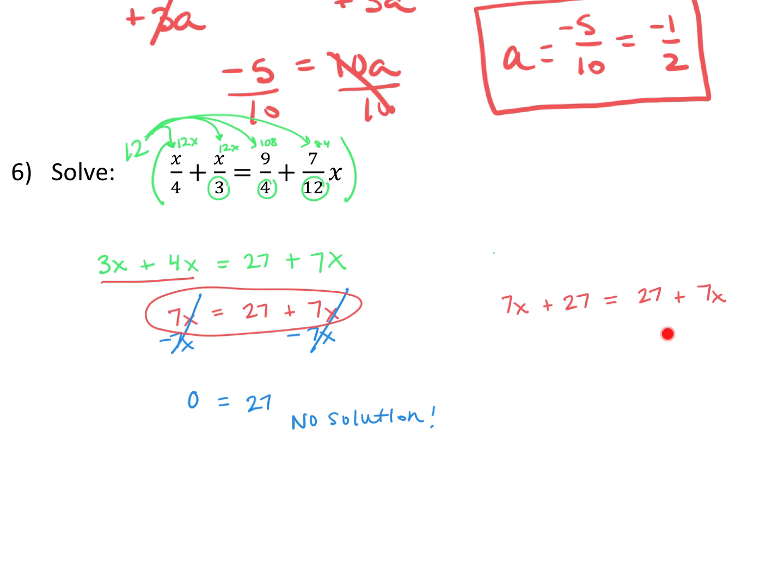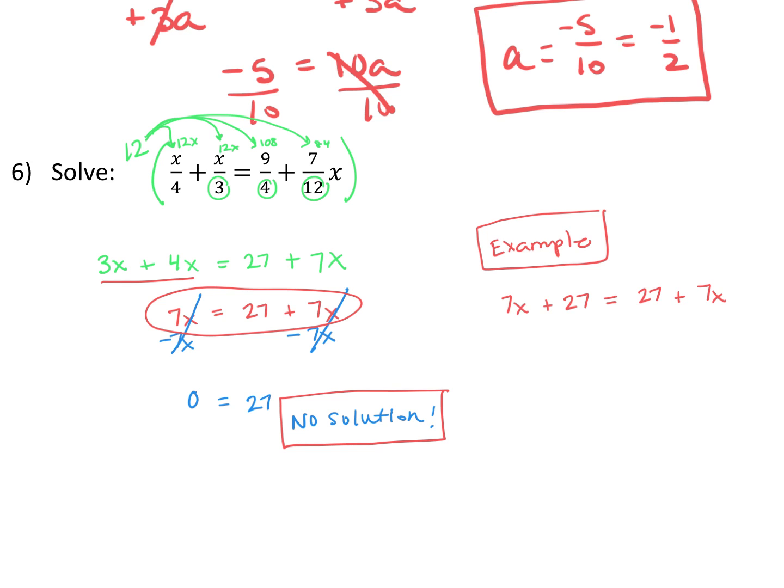This is not part of the problem, okay? This no solution right here, that's the answer to number 6, but this is just another example. I just want to make sure we're clear. Think of this as being a new problem. Okay, so is 7x plus 27 equal to a 7x plus 27? And I would say, yeah, I do think those are equal to each other.